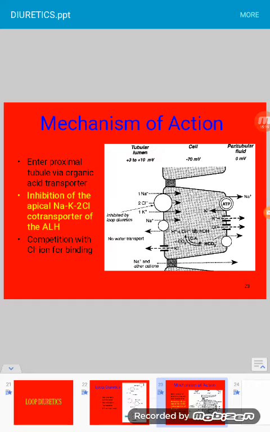As you know, in the ascending loop of Henle we have more sodium reabsorption due to the countercurrent mechanism, so sodium absorption is very high. It competes with chloride ions for binding, so it inhibits the sodium potassium chloride co-transporter mechanism. Thereby it promotes the excretion of sodium, potassium, water, chloride. Again, it is going to produce hyponatremia, hypokalemia and hypochloremia.